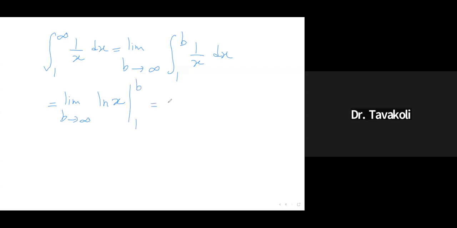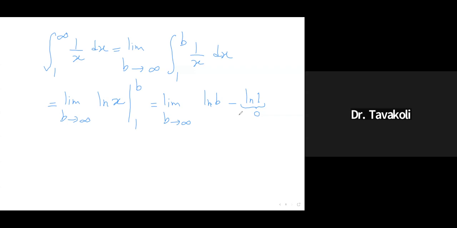So the limit as b tends to infinity. Evaluate ln of x at b becomes ln of b, natural logarithm of b, minus natural logarithm of 1. Natural logarithm of 1 is 0, right? Logarithm of 1 is 0.